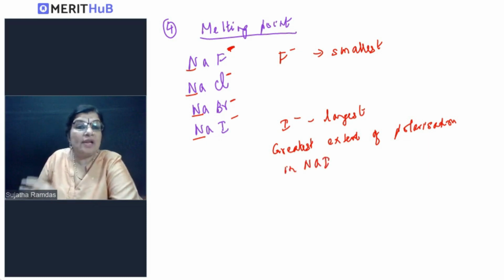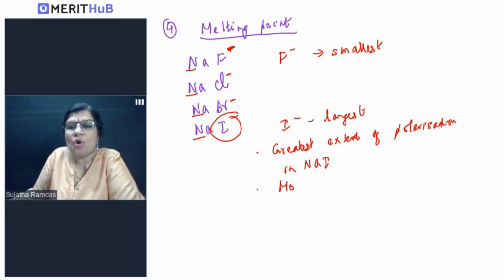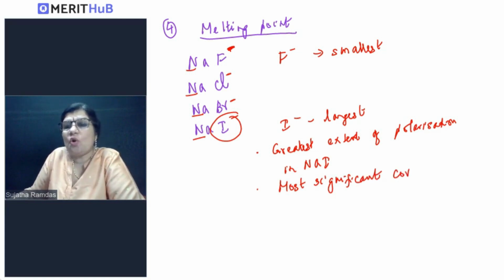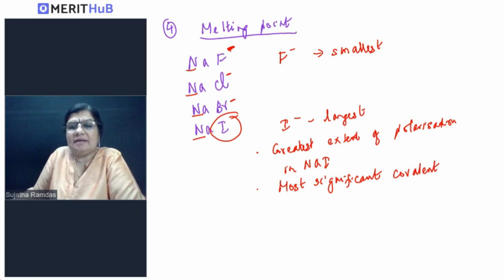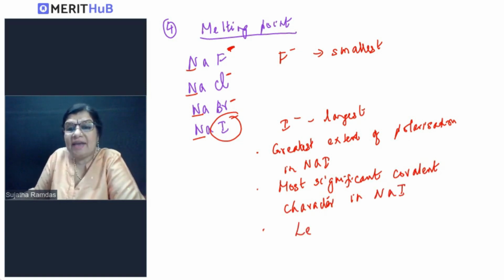The sodium ion will strongly pull the electron cloud of the large iodide ion, and that results in the most significant covalent character in sodium iodide, and therefore sodium iodide should have the least melting point.